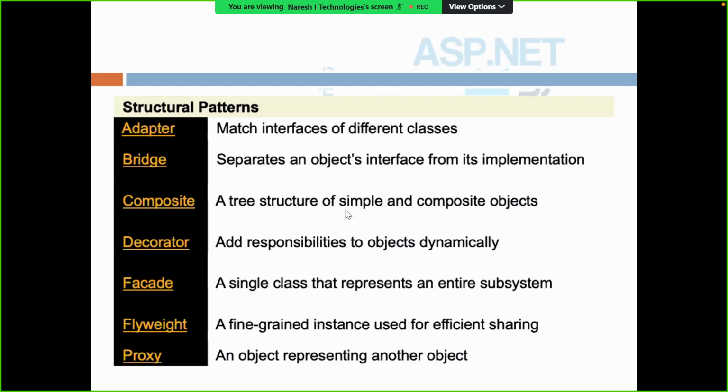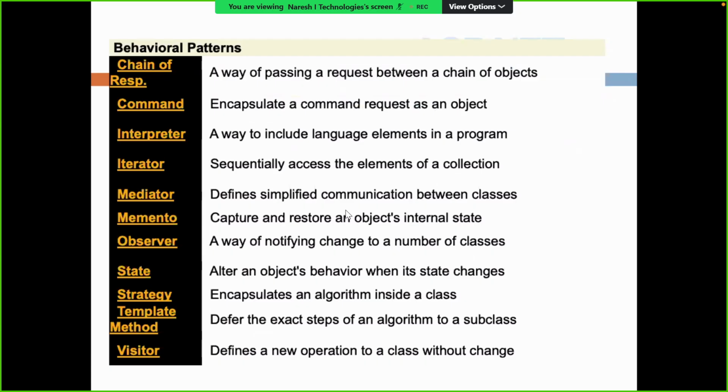We have behavioral patterns: chain of responsibility, command, interpreter, iterator, mediator, memento, observer. As I told you, iterator means sequentially accessing elements from a collection. And observer, way of notifying change.